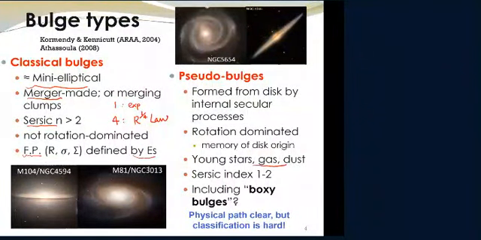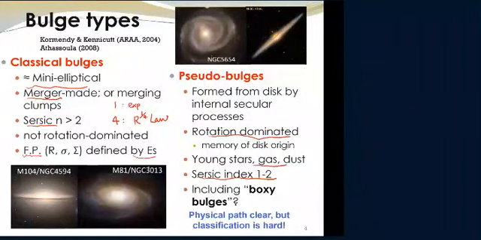Since the stars come from the disk, they still have a memory of the disk origin, so they are more rotation dominated, as opposed to the dispersion dominated classical bulge case. And the Sérsic index is low, closer to an exponential disk.